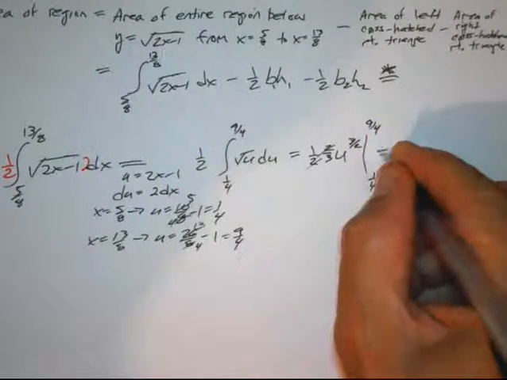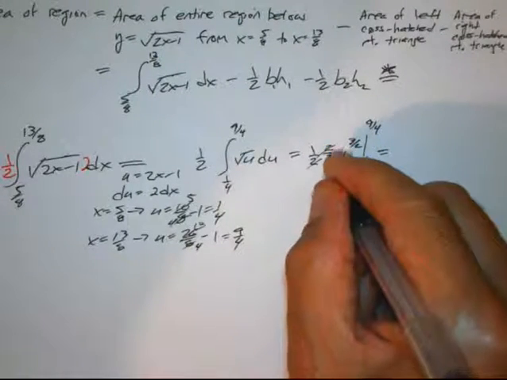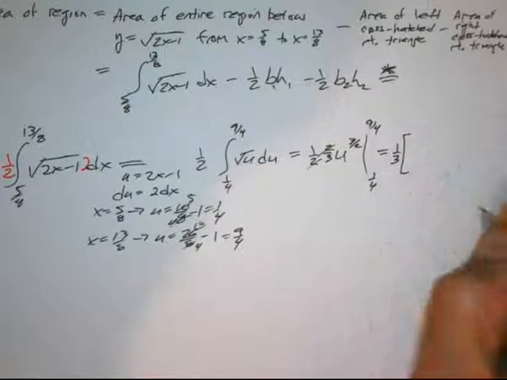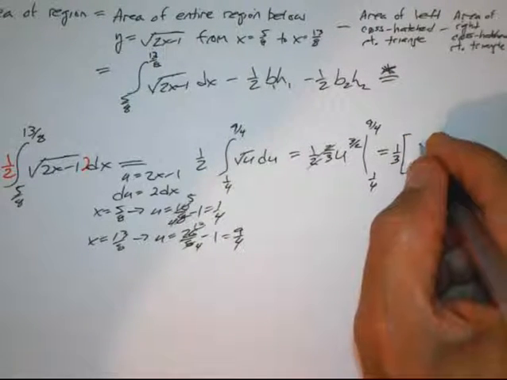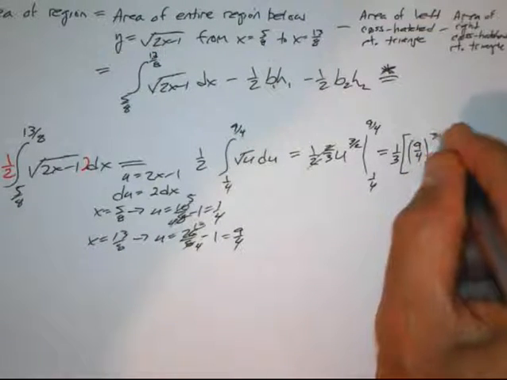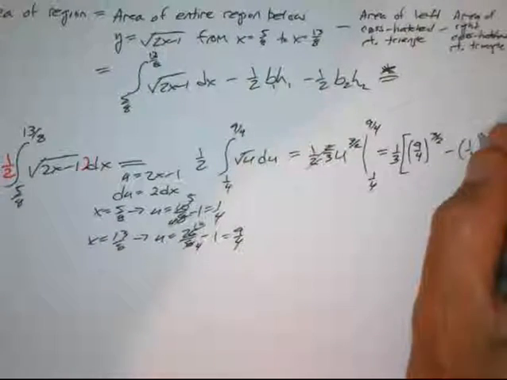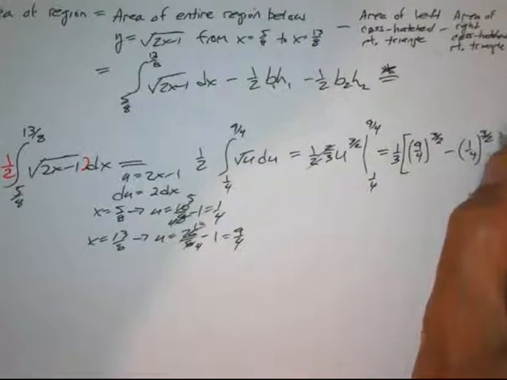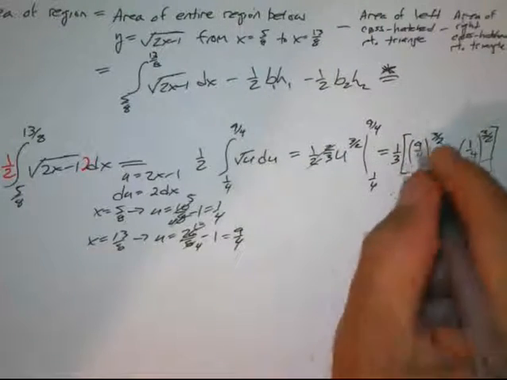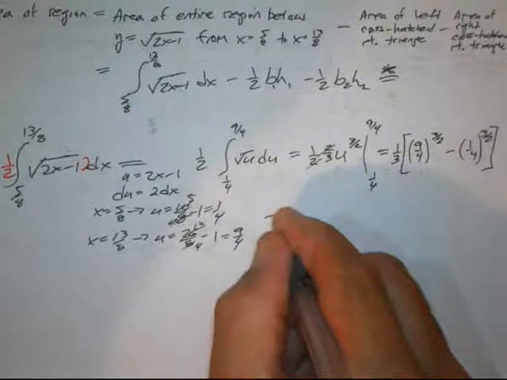Okay, so this starts to look like, let's see what's left over here, 1/3, for the 9/4 calculation, going to the 3/2 power, minus 1/4 going to a 3/2 power. Okay, you know what? 9/4, not just any old number, happens to be 3/2 squared.